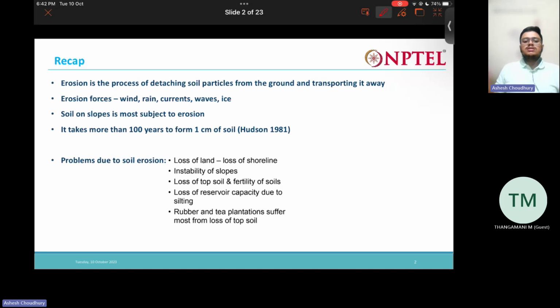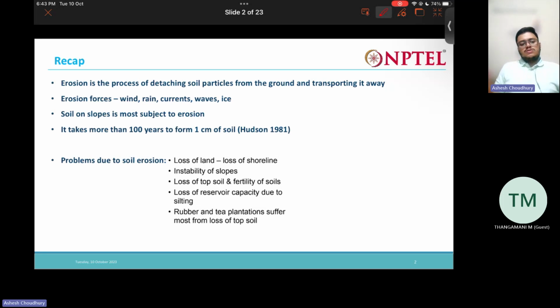In Majuli, they are trying many techniques, using geobags, geopipes and so on. You cannot prevent erosion completely, but at least they try to reduce it to some extent.